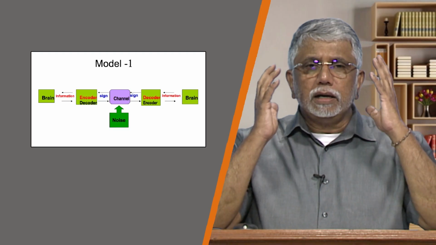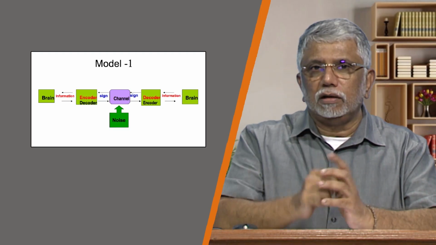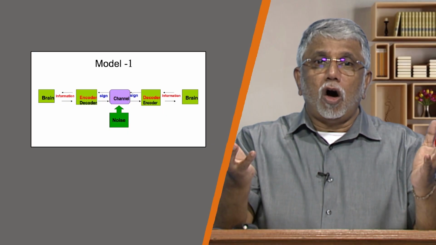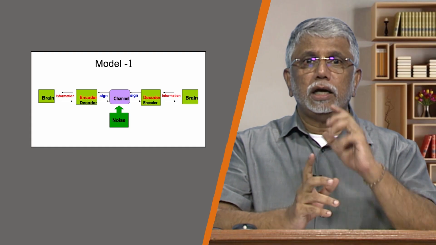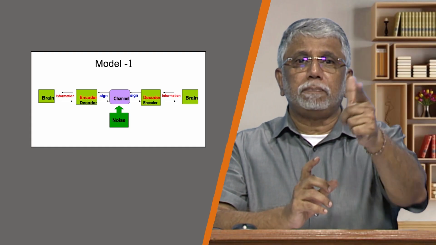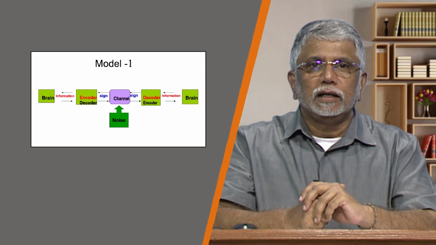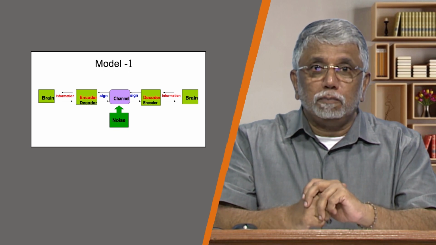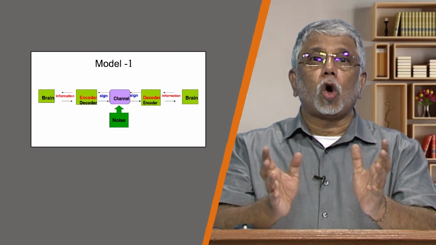So, the brain has a thought. Thoughts cannot travel. If thoughts could travel, all we had to do was to think the thought and it would automatically get deposited in the receiver's brain, right? If that was possible, then we wouldn't need language, we wouldn't need a code.